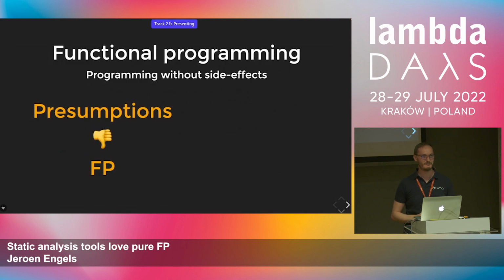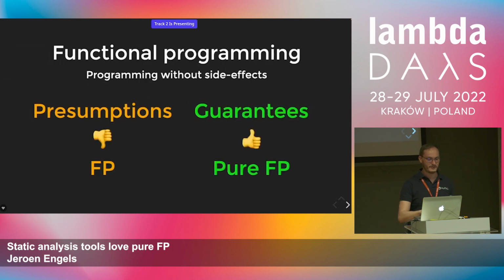We have less of those, but we do have them. And it's only when you have a pure functional language that you have this as a guarantee, that you can start relying on that. If you do have the potential for side effects, then you have to analyze them, otherwise you risk false positives or negatives.